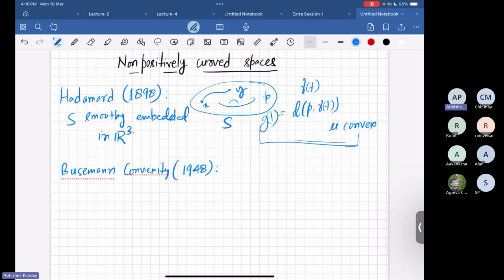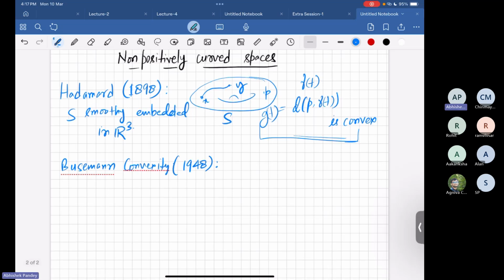A geodesic metric space is said to be non-positively curved in this sense, and again, I will mention this precisely later. This depends upon the convexity of the distance function, Busemann convexity.